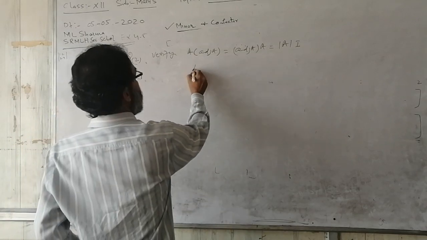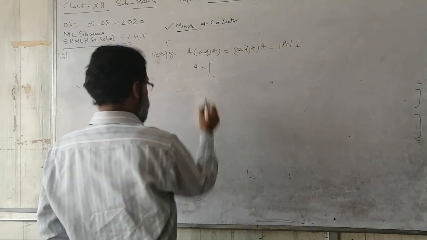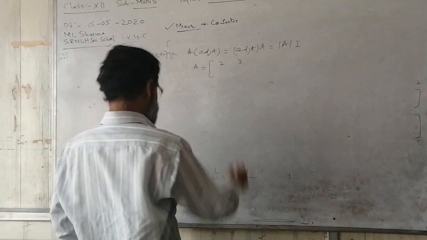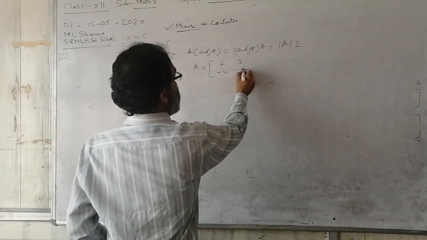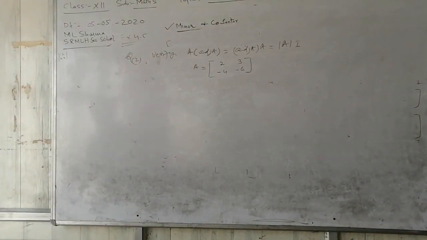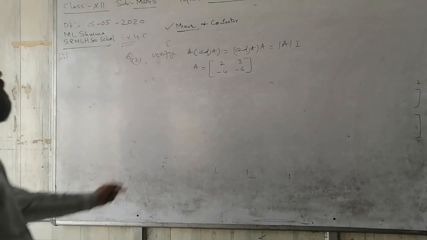So the value of A is given as 2, 3, minus 4, minus 6. For this matrix, this result we have to prove.